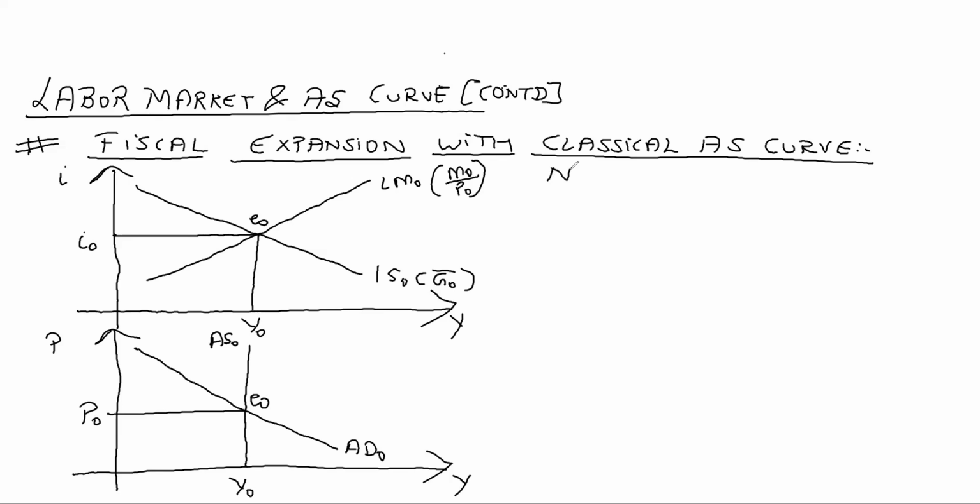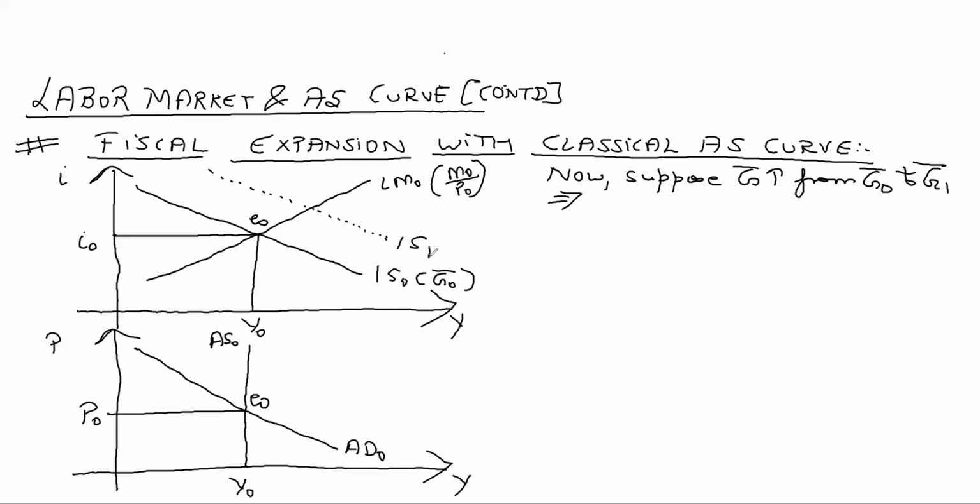Now suppose G bar goes up from G0 bar to G1 bar. Suppose government expenditure goes up. What will happen? The IS curve will shift to the right. The same chain will happen, which we have done before.